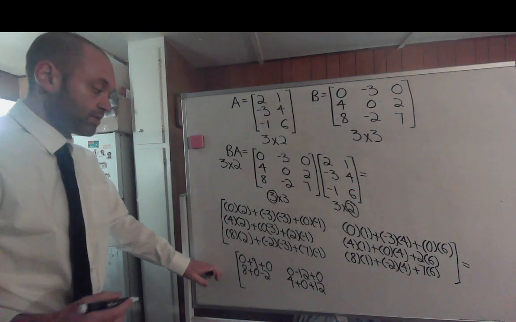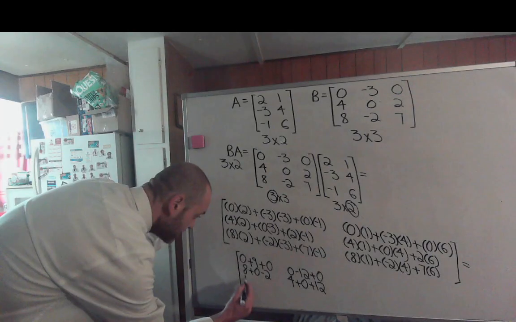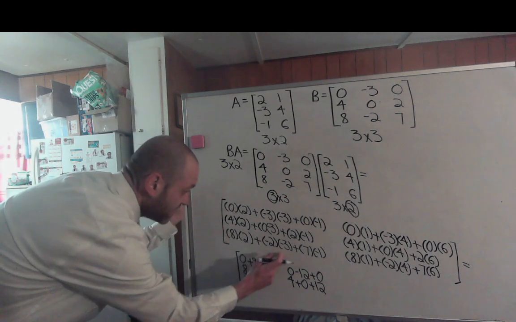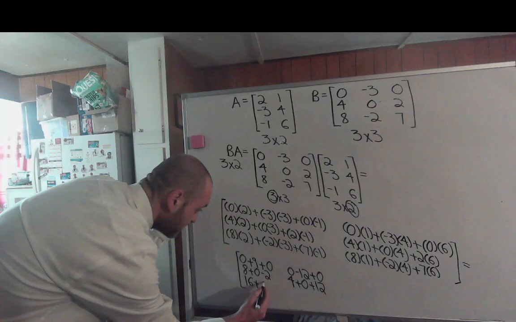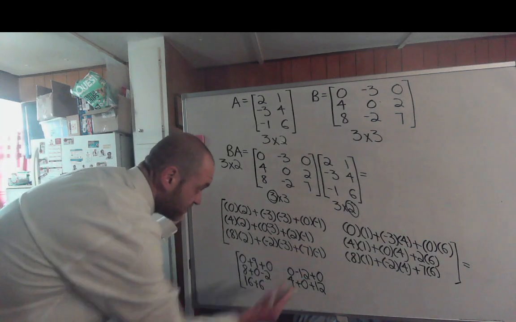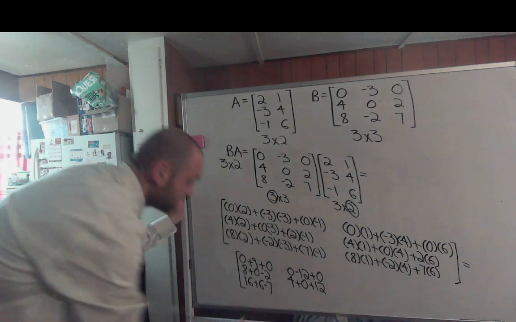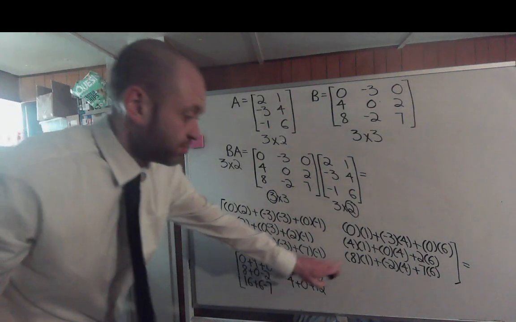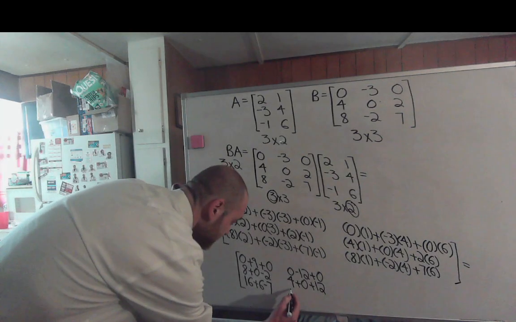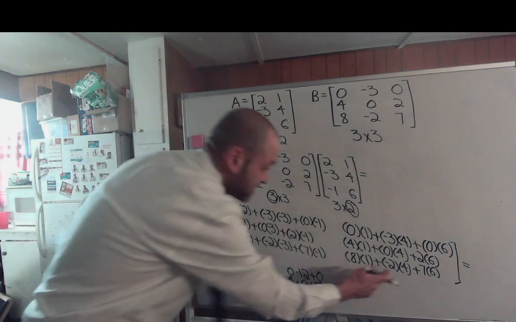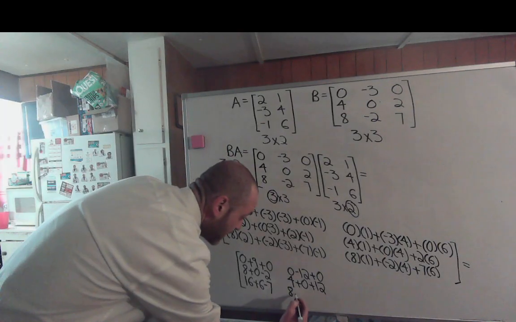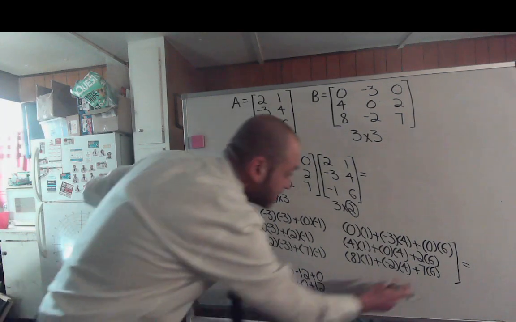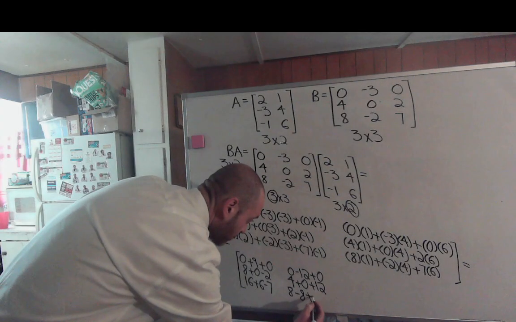Now let's get to the third row. 8 times 2 is 16, plus negative 2 times negative 3, that's plus 6, plus 7 times negative 1, so that's minus 7. Then let's get the final number of the third row. 8 times 1 is 8, plus negative 2 times 4, that would actually end up being minus 8, and then plus 7 times 6 is 42.